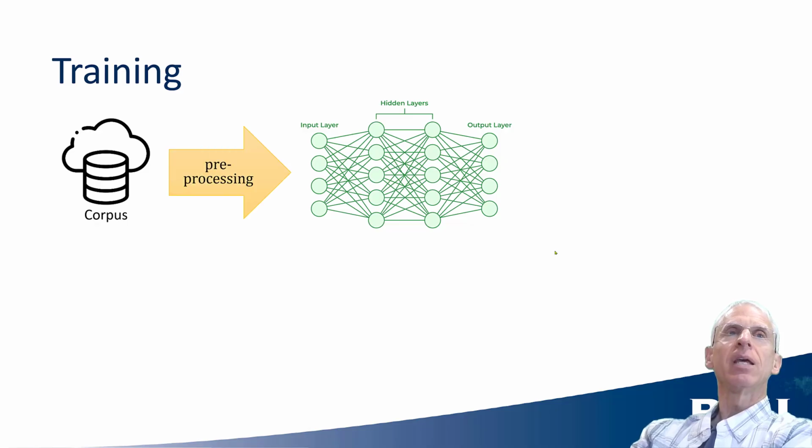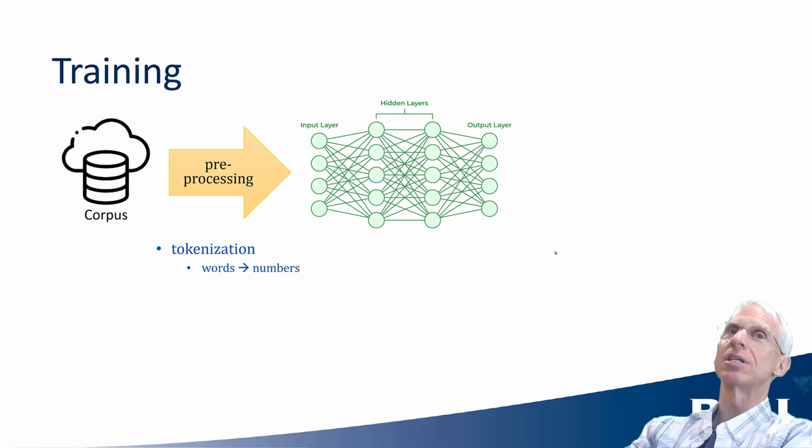So what we do is we pre-process this. We take this corpus and then we first have to tokenize it. So AI models, large language models, this multi-layer perceptron does not understand words. All it understands is numbers that are weighted sums. You cannot multiply a word by a number.